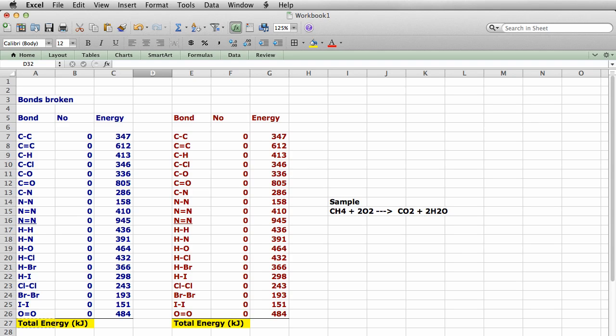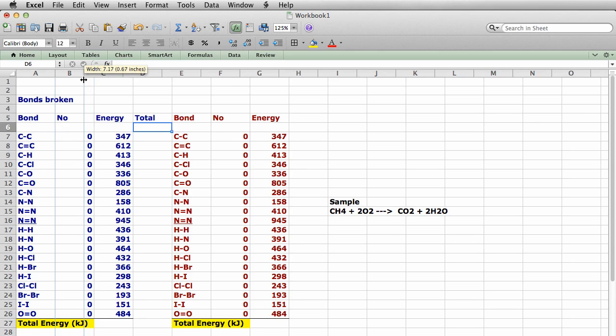So first of all, in terms of breaking the bond energy, how would we put those values into the system? Well, we probably need another column, and we have another column right here. We're going to call this the total energy to the system, the total energy which is going to be required from the system.